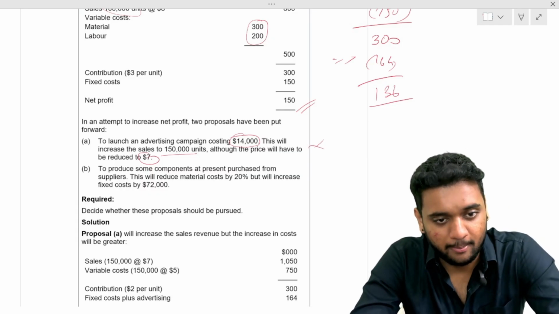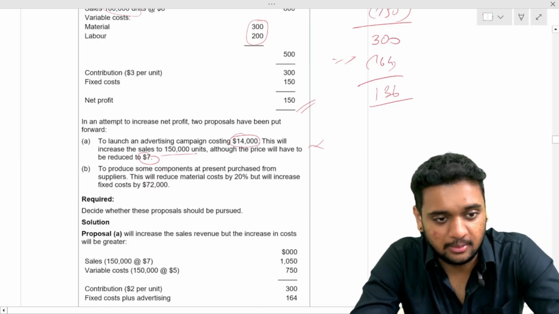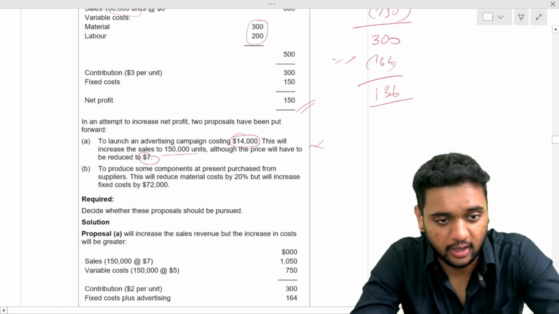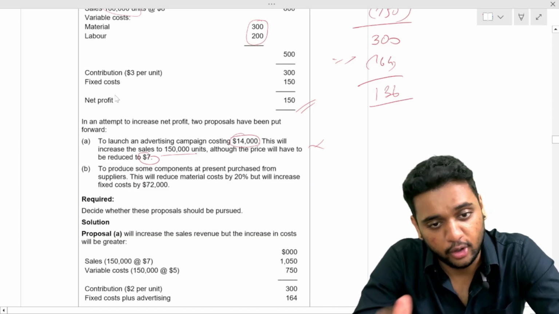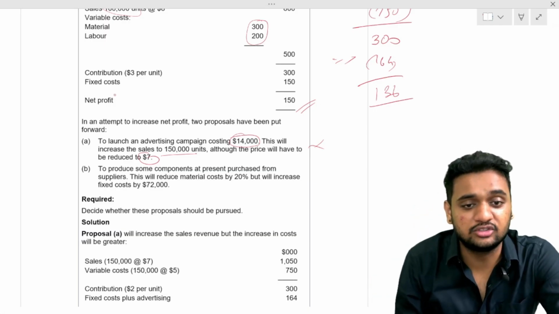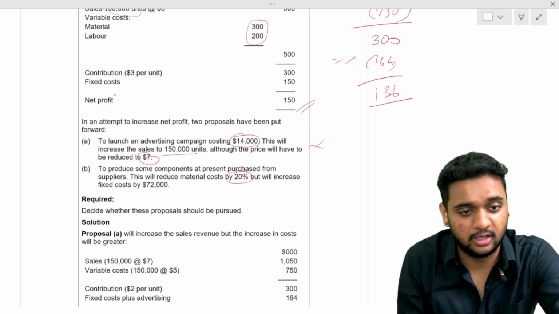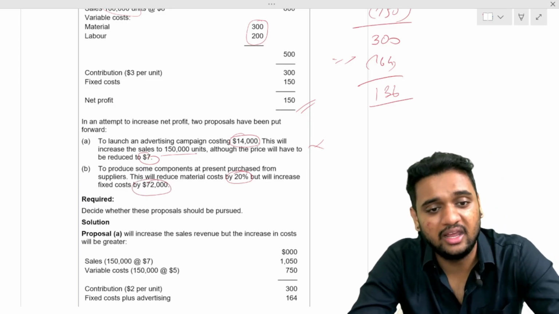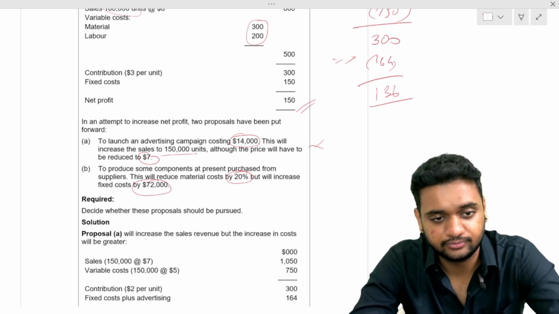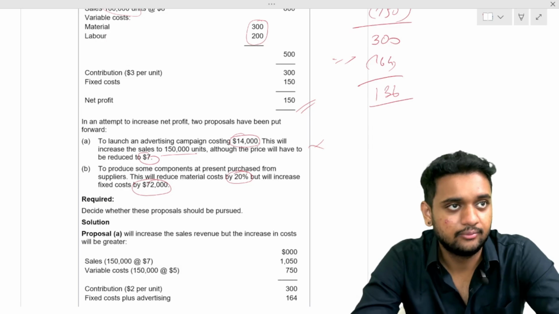To produce some components that are at present purchased from suppliers. Currently, you're purchasing some material from a supplier that we are planning to produce. They're saying this will reduce the material cost by 20%, but will increase the fixed cost by 72,000. Earlier, what was the material cost? 300.